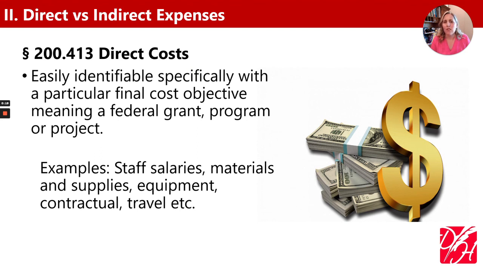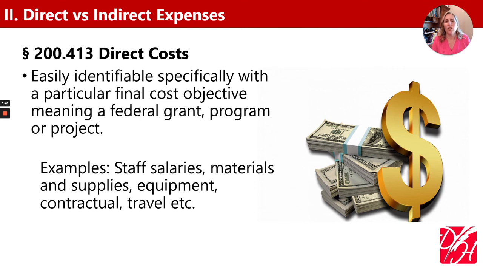When we talk about direct costs, I'm going to use the definition that comes from the federal government. And if we think about that definition, that is our strictest definition. And so what does that mean? We're looking at a definition from the Code of Federal Regulations, CFR.